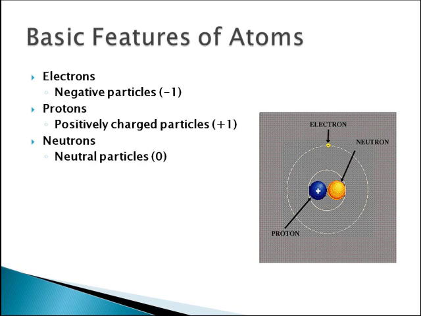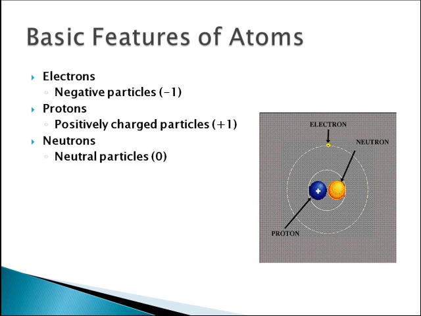Let's define proton first, and it is a subatomic particle in the nucleus of an atom, meaning nucleus being center, that has a charge of +1. Now this +1 is an arbitrarily assigned value as related to the electron, which is a subatomic particle that has a charge of -1. And notice it is not in the nucleus.